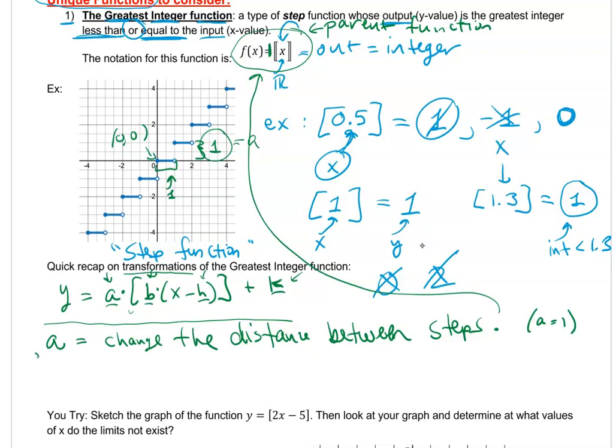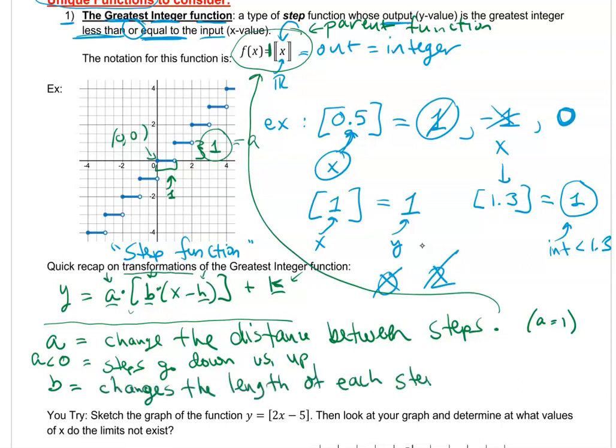Now, if a happens to be negative, then the steps go down versus up. The b value, the one being multiplied to the x inside the bracket, would actually change the length of the step, but it doesn't do it directly. The a value is directly changing the distance between steps, but b changes the length of each step by a reciprocal. I'll show you in an example in a second.